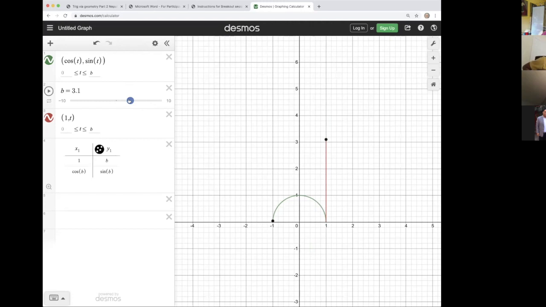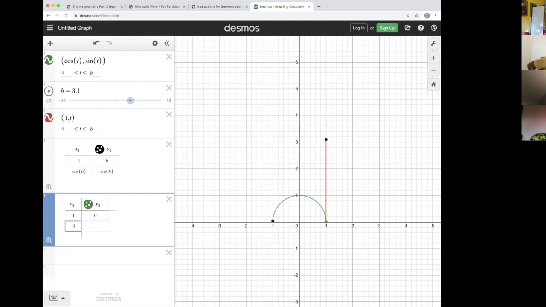Now if I wanted to, I could put in another little table. And let me do that. I'm going to add a table. I'm going to go 1, 0, and then I'm going to go to the origin, 0, 0. I'm going to try to create a central angle.